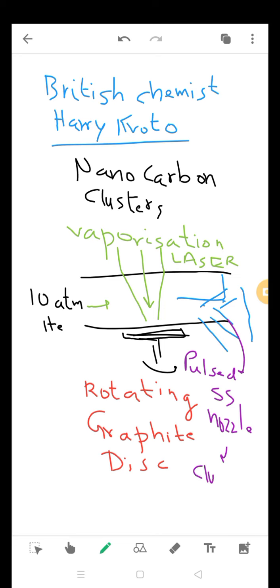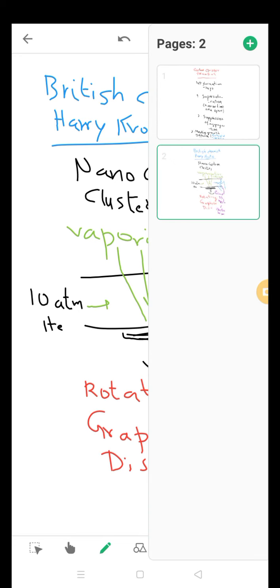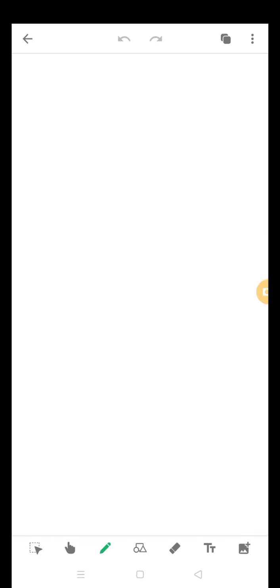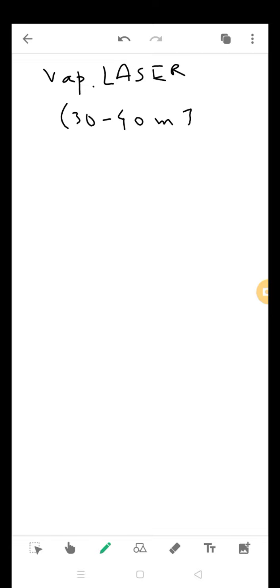The vaporization laser had around 30 to 40 millijoules of energy.